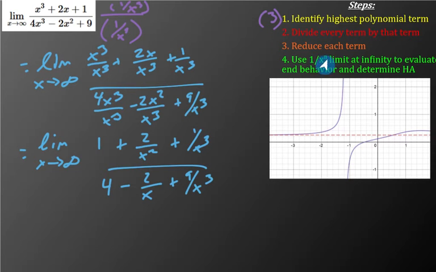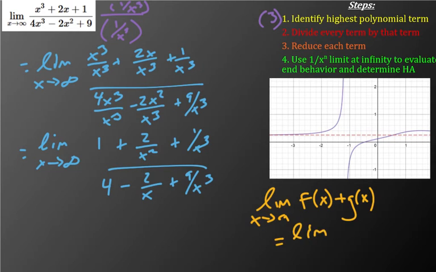And then basically we're just going to use this 1 over x to the n limit idea to evaluate everything in here. So one of the nice things about a limit is that the limit as x approaches anything of f of x plus g of x is actually the limit of each thing in here.